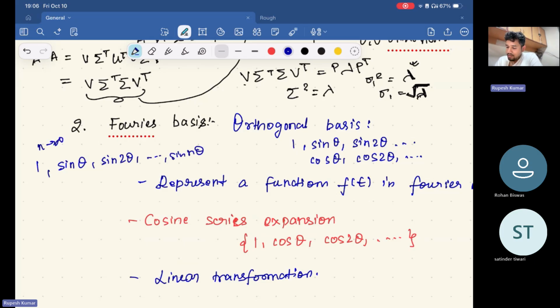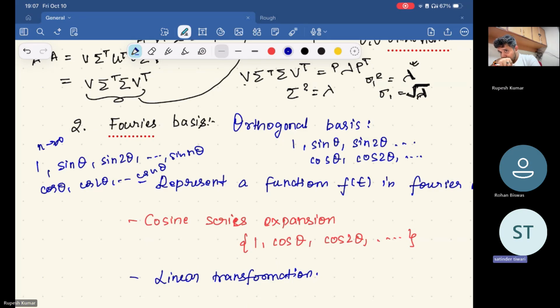Again, cos theta, cos 2 theta up to cos n theta, n tends to infinity. So using this infinite number of bases, you can represent exactly any function in the frequency domain, right? This is something that has just been given to you, that this is a Fourier basis. So this is it, right? Is this clear, everyone?